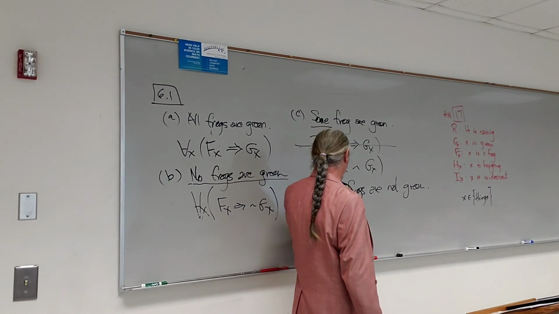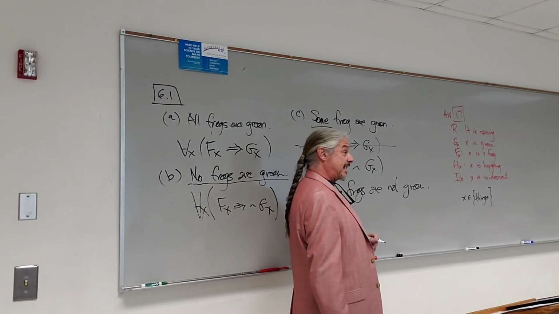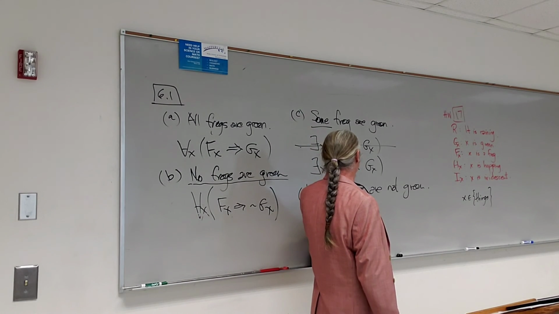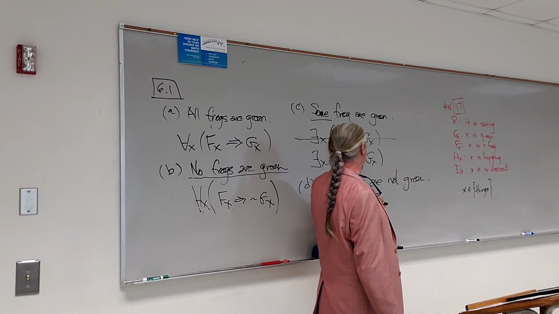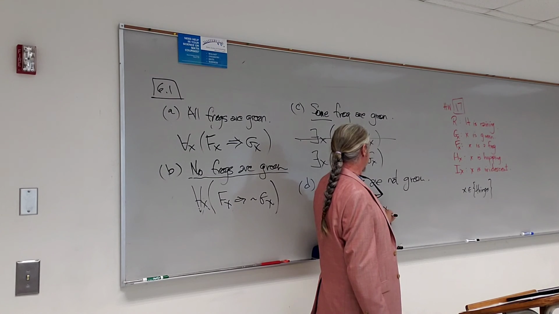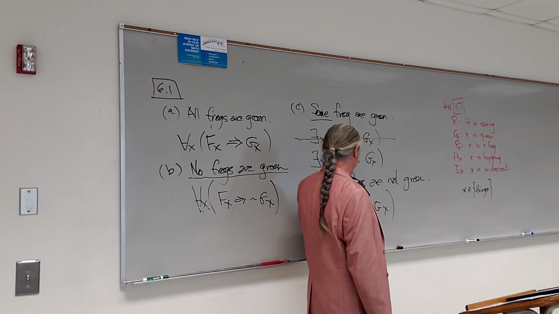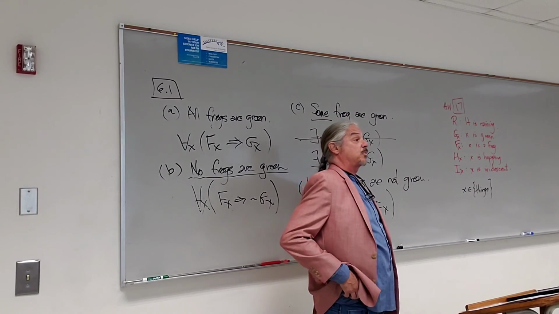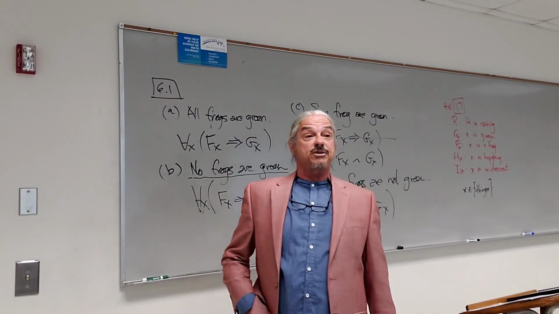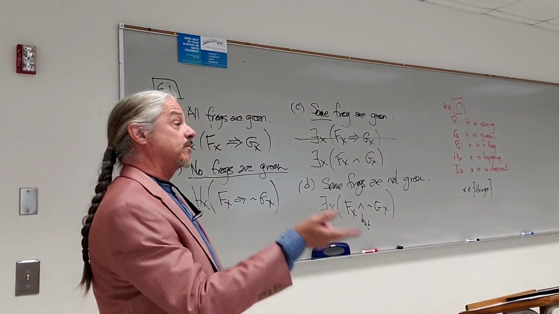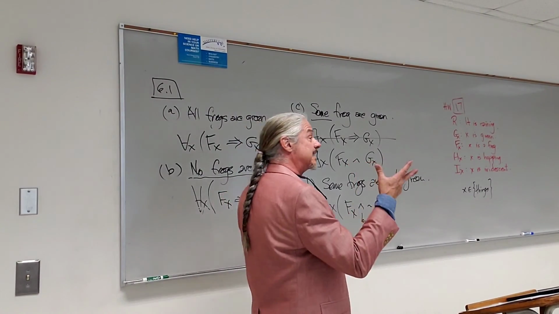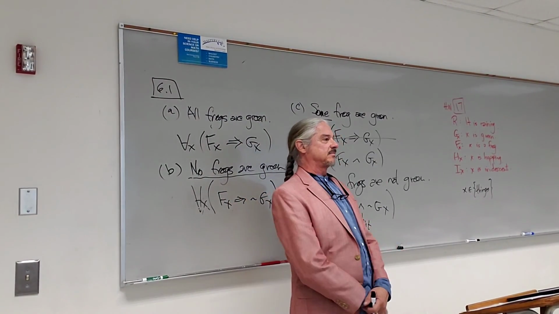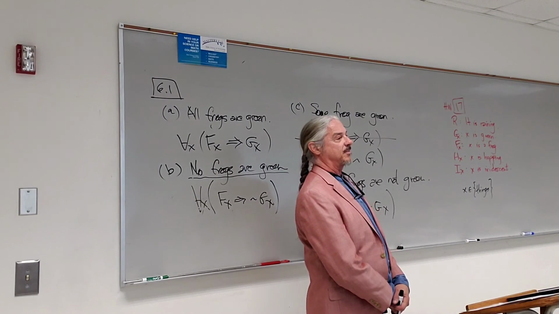They're a frog, and they're not green. Taylor, you got it right. By the way, and is also read as what? People don't realize that, but that might help you write that down. So if I gave you this in words and you have to go the other way and I put in but, that means that's the same as and, because you're saying they're both happening at the same time, right?